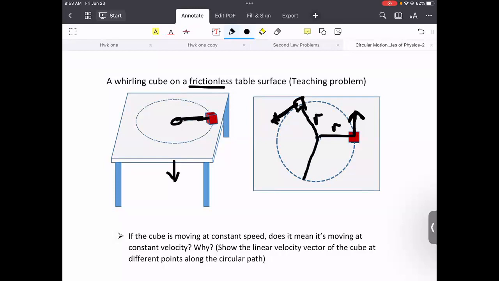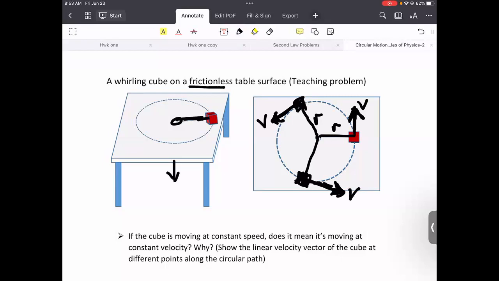When the cube is right here, this is V, and the direction is this way. I'm trying to make the magnitudes the same to make sure that it's constant speed. So as you can see, roughly, the direction is changing.